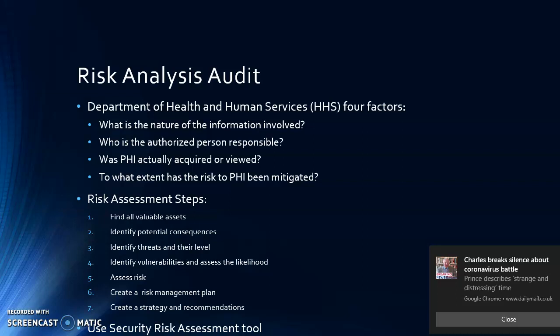The third step would be to identify threats and their level. This includes documenting your findings on the type of threats that can occur.